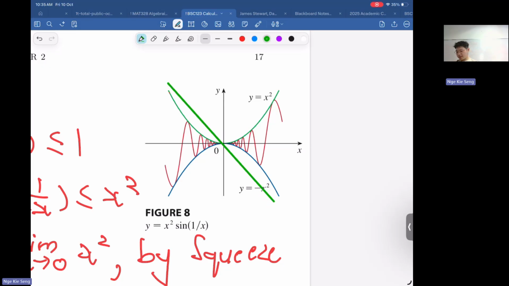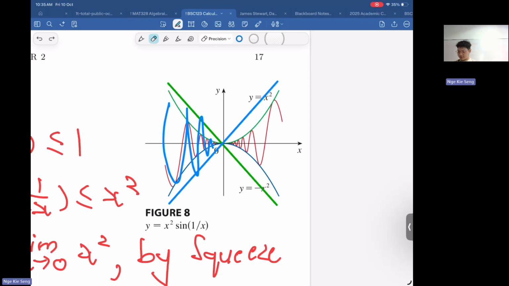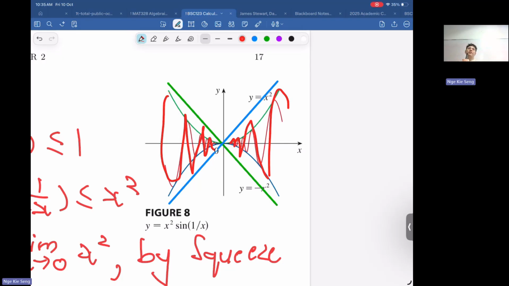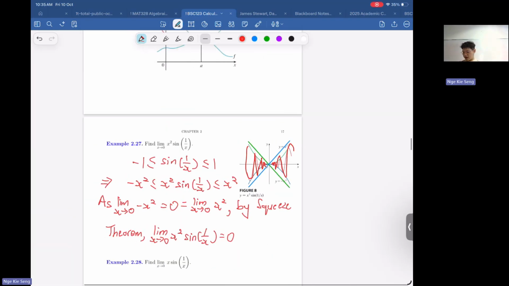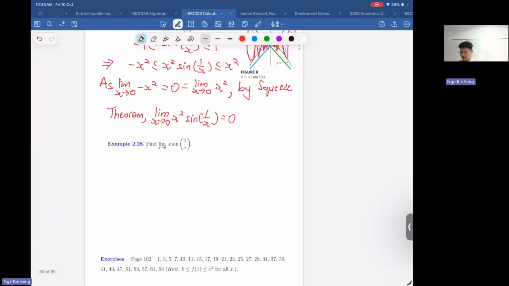One is y equals x, the other is y equals minus x. So your function also jumps between these two. Make sense? So try and do it yourself for this question here.